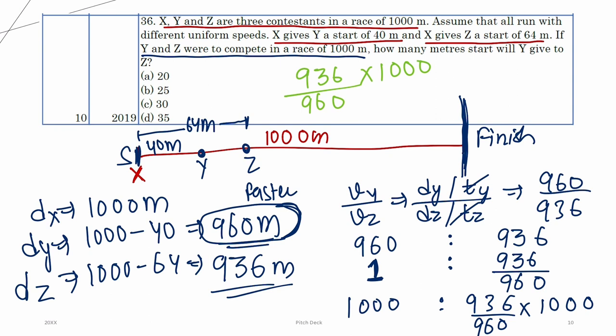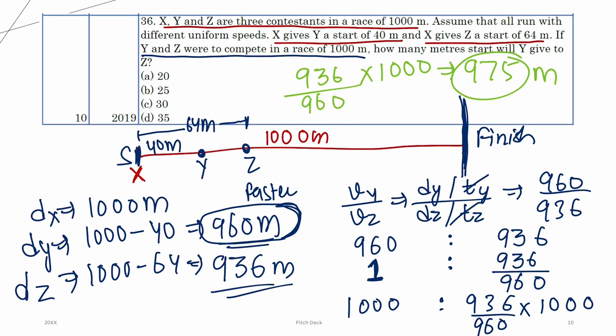What we are going to get in the end is how much distance the slower person, z, is covering: 936 divided by 960. Solving this, you will get 975 meters.